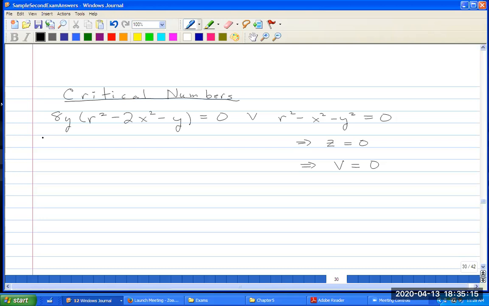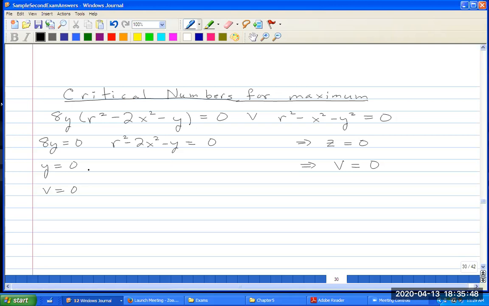So let's set each of these equal to 0. Critical numbers for the maximum. Okay, because I'm going to be getting rid of some other critical numbers here. So notice in this case, y equals 0. But again, if y equals 0, the volume is 0.